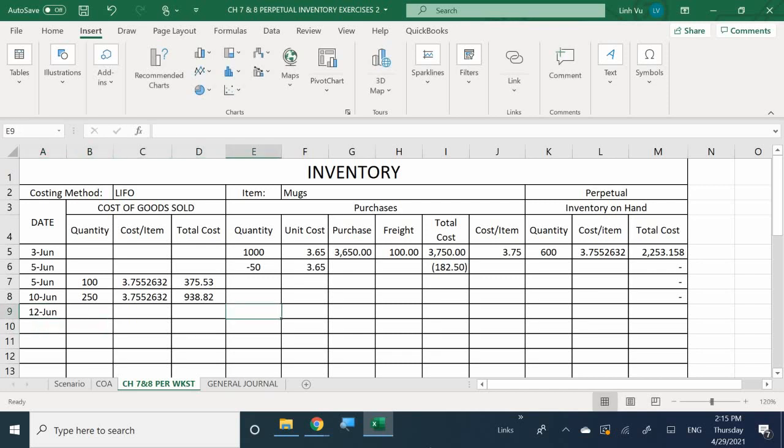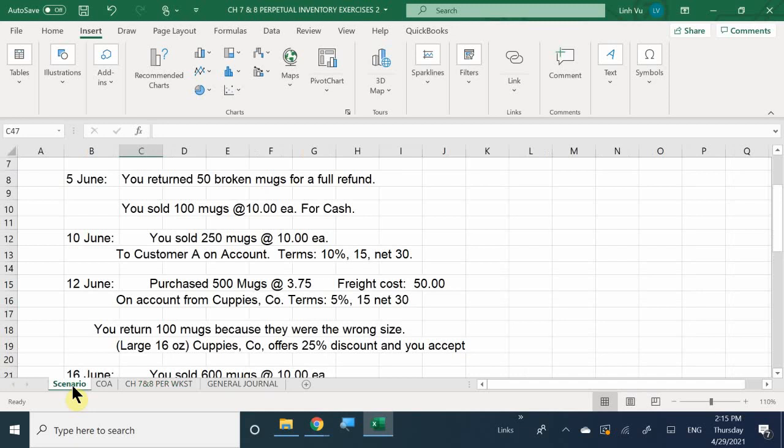How many items did I actually buy? You bought 500 at what price? I think it was $3.75. Okay. Now, how much was my freight? $50.